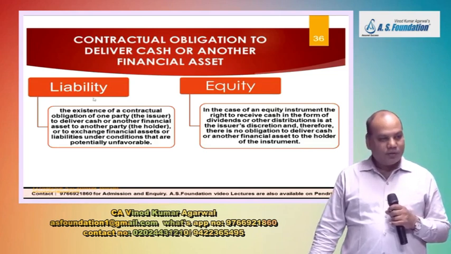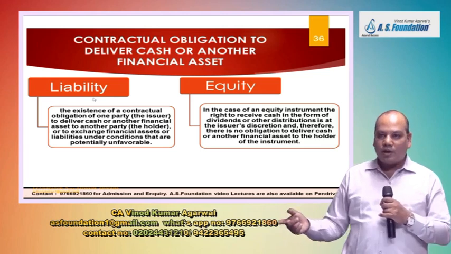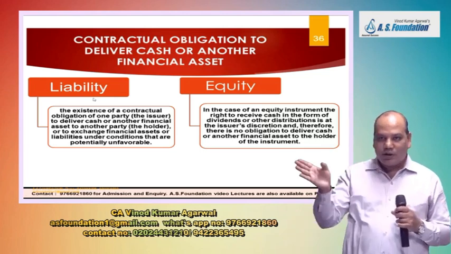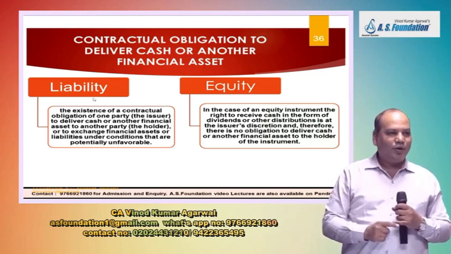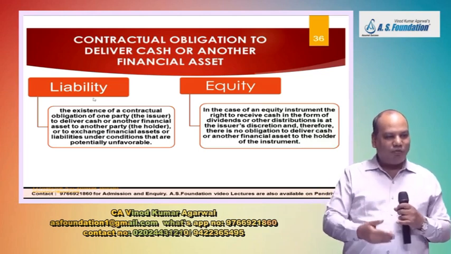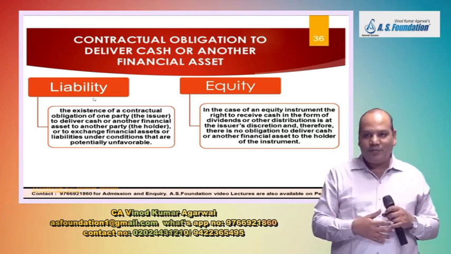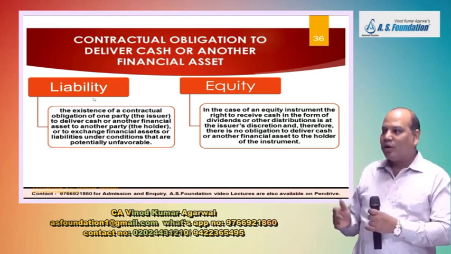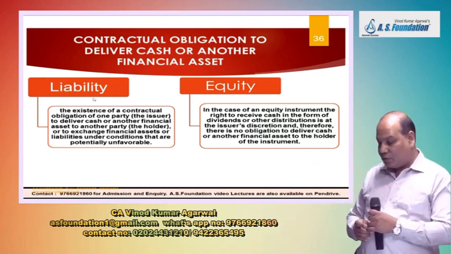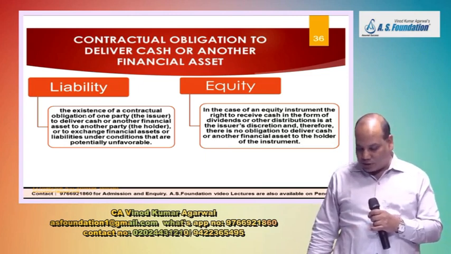If the answer is yes, there is a contractual obligation to deliver cash or another financial asset. And the other definition continues, a contractual right to exchange financial asset or financial liability under unfavorable condition. Those are normally not asked in the usual question. Usual question will have this test, whether there is a contractual right or obligation to deliver cash or other financial asset.